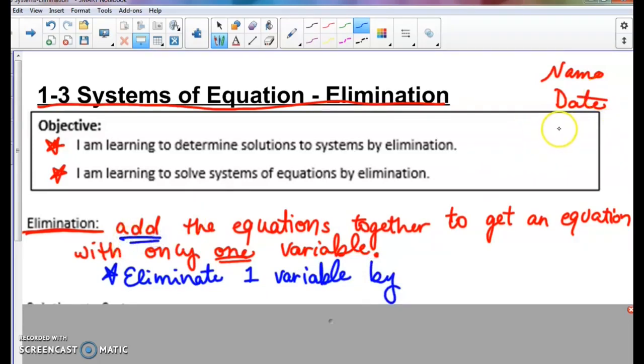So if we're going to add 2x plus something to make it cancel out, we would have to add it to a negative 2x, because positive 2x plus a negative 2x cancels out and just leaves us with 0. So we eliminate one variable by adding opposite coefficients.